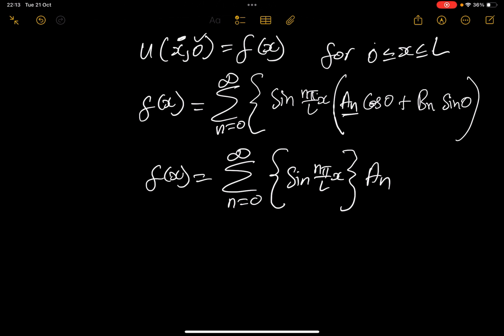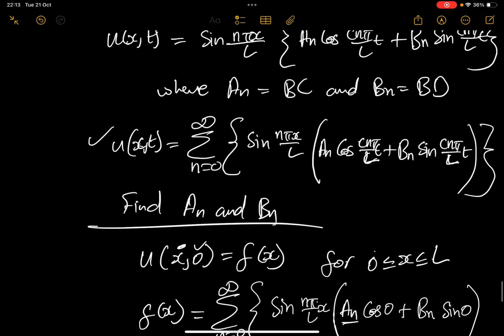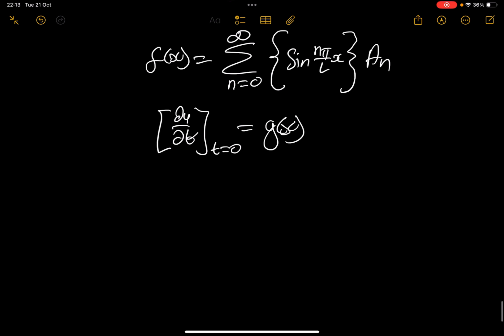So this is what we get for f of x, and then evaluating the other boundary condition, we said the other boundary condition says the velocity of the string at t equals 0 can be given as g of x, which means we need to differentiate this expression, this equation, with respect to t.